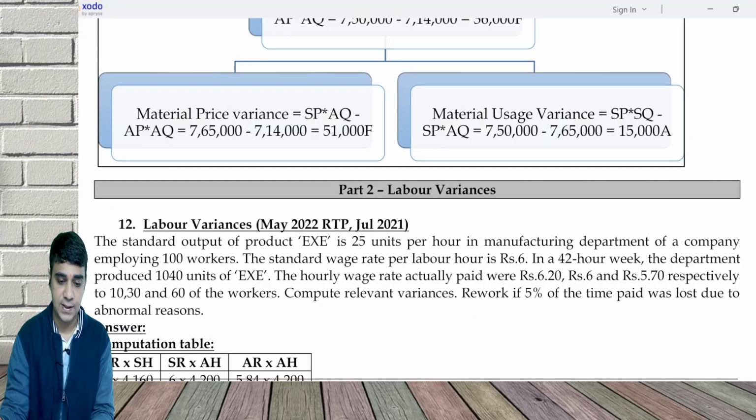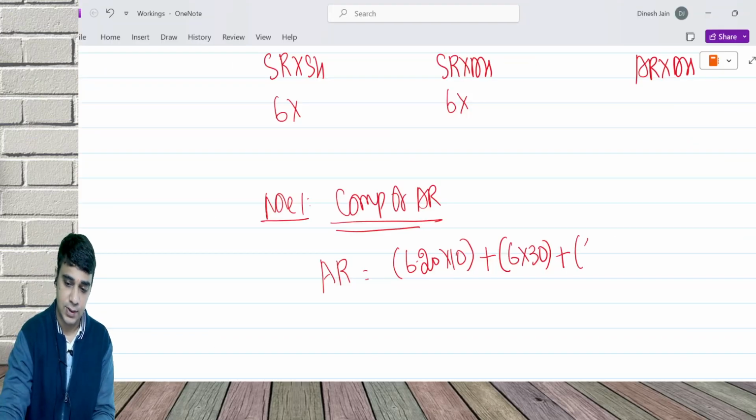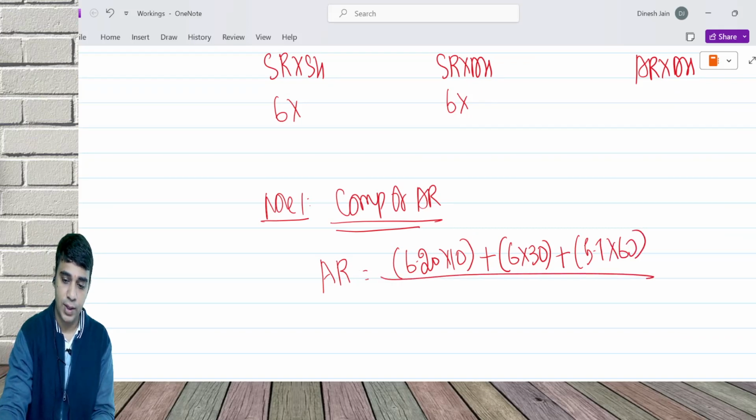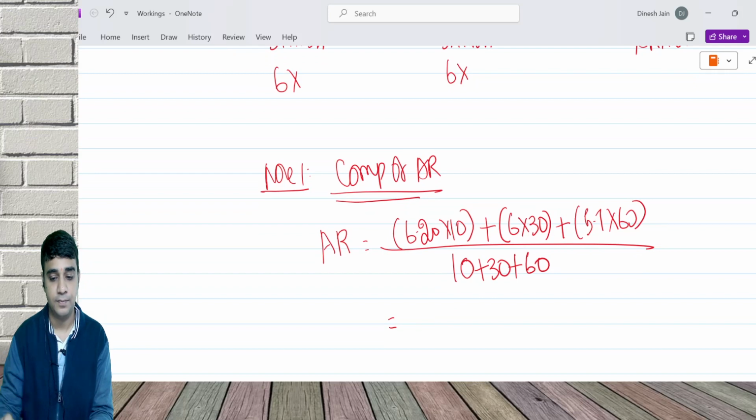And 5.7 to 60. Whole divided by 10 plus 30 plus 60. This is the weighted average. 6.2 into 10 plus 6 into 30 plus 5.7 into 60, whole divided by 10 plus 30 plus 60.